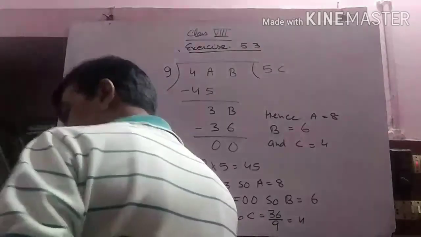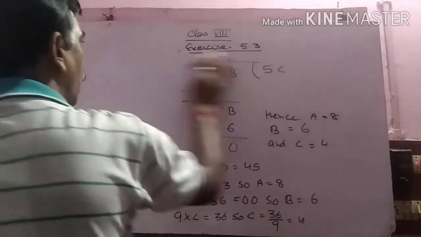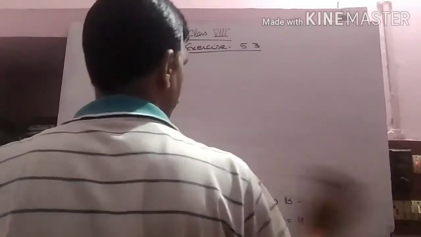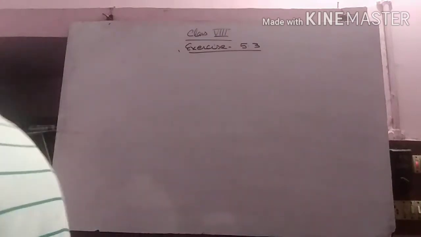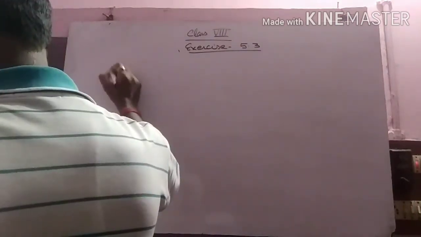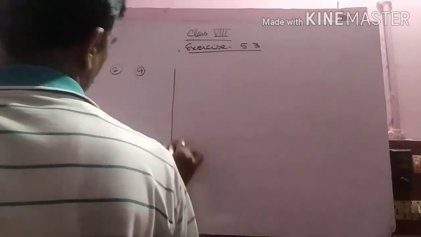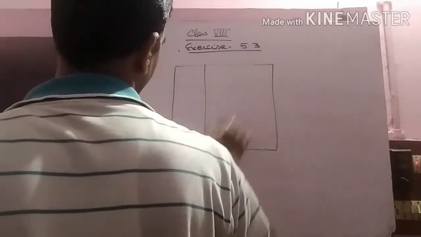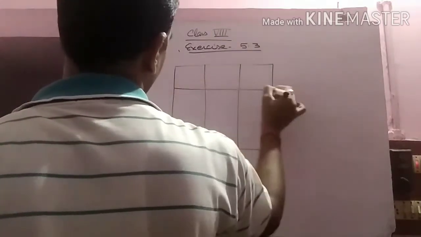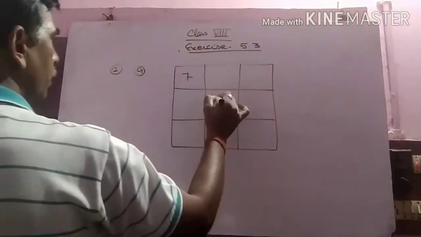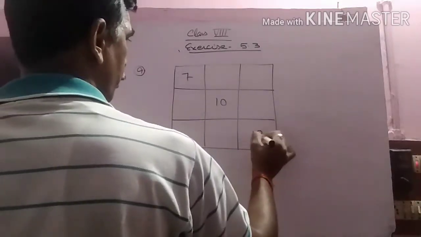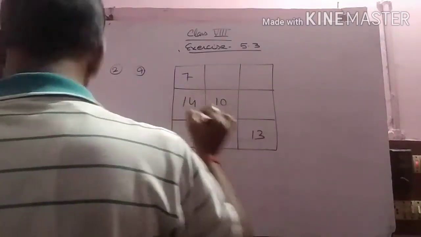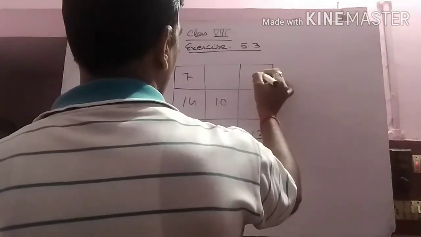Okay. Now we have to solve the magical box. The numbers are given like 7, 10 and 13, 14, 11.